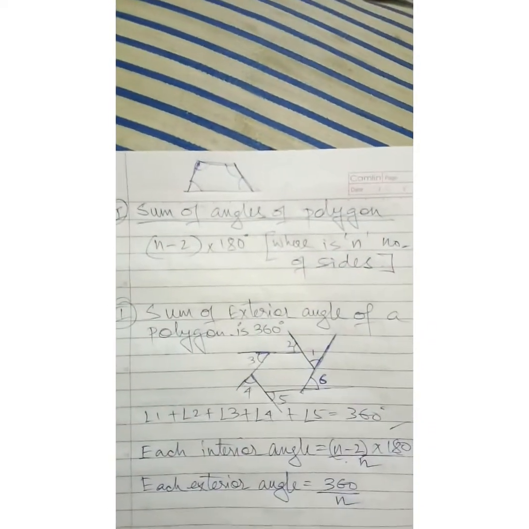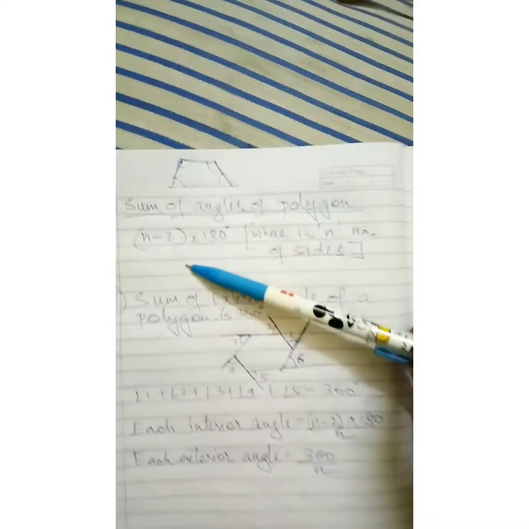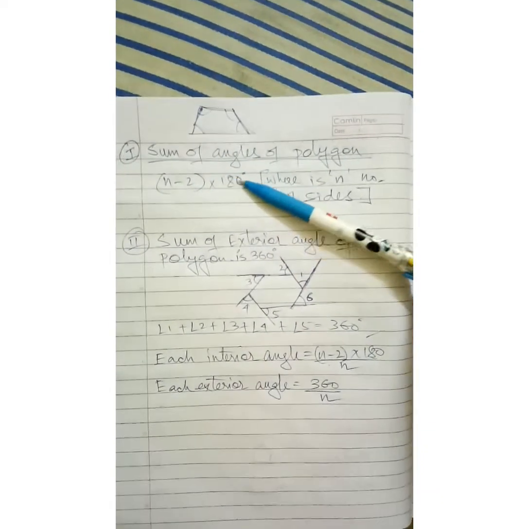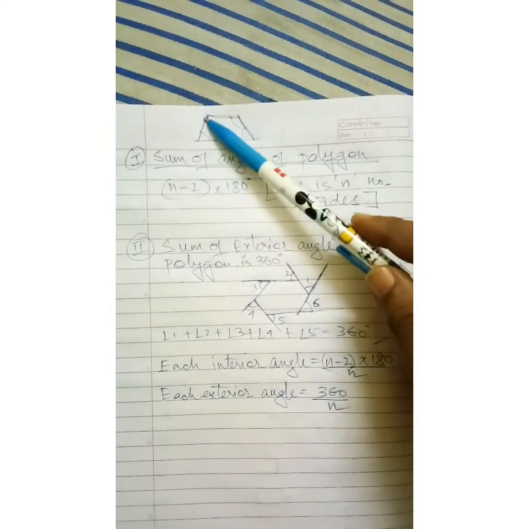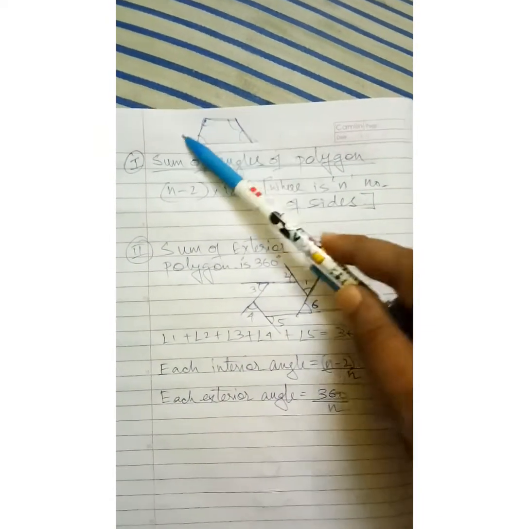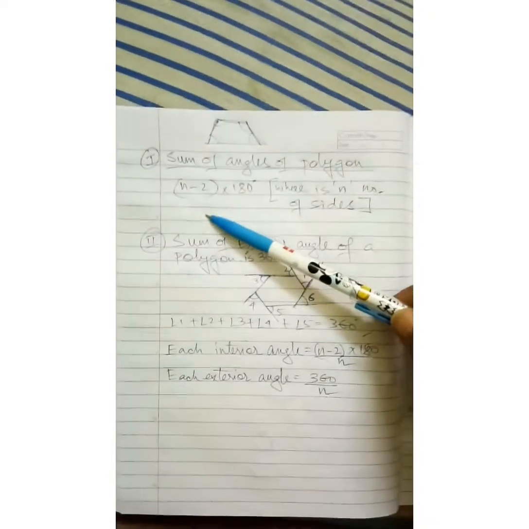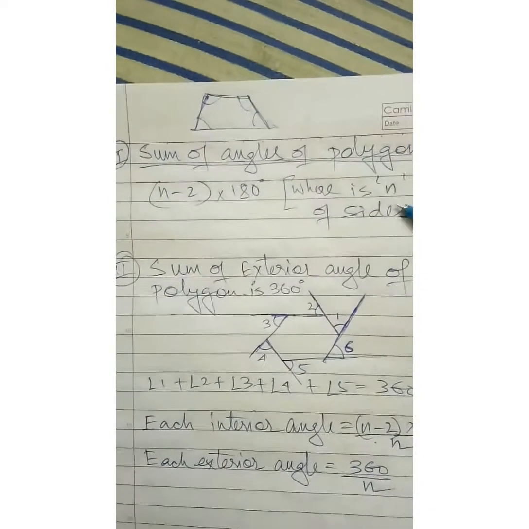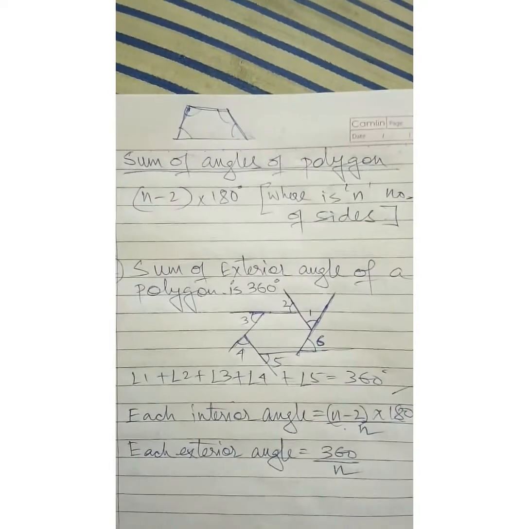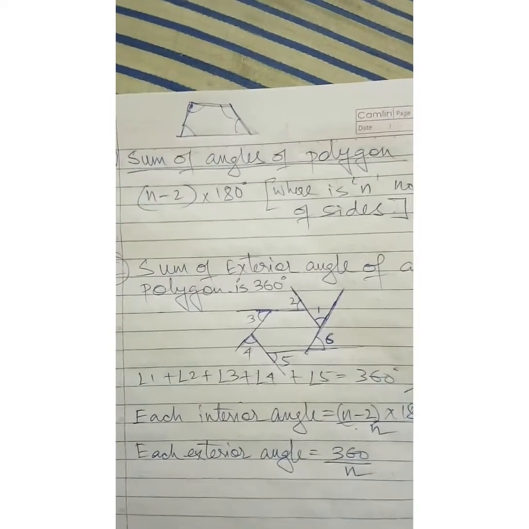The sum of the angles means the inside angles. If you want to find the sum of all the angles of a polygon, you have to know the number of sides. The formula is n minus 2 into 180 degrees, where n is the number of sides.